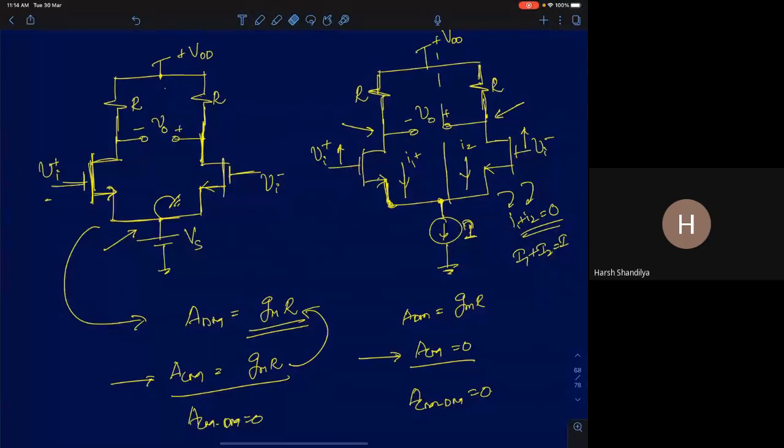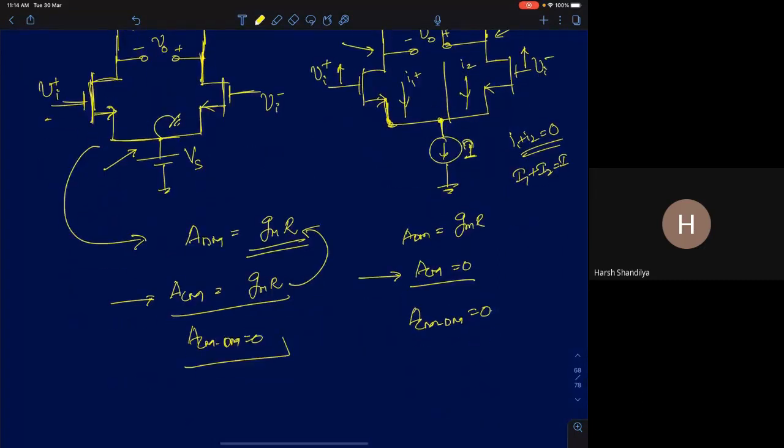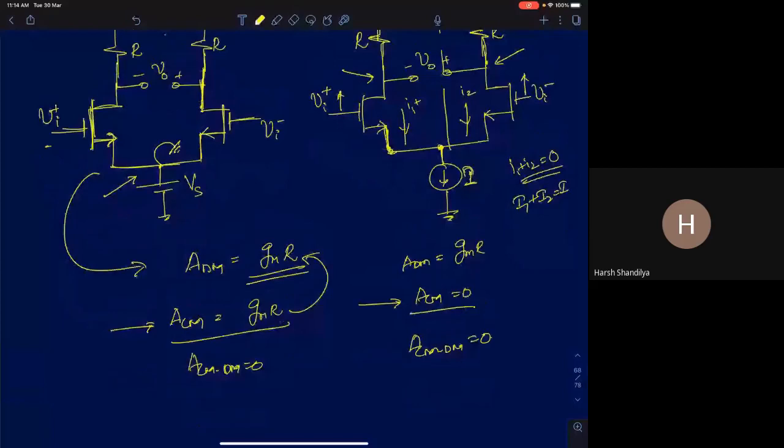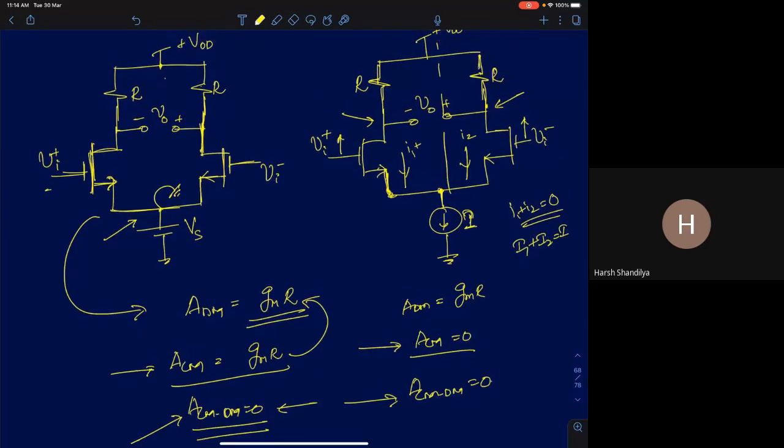And then we also said A_CM-DM, which is nothing but the differential mode gain for common mode inputs, is 0 for both the circuits because the circuits are symmetric. This is a measure of symmetry. As long as the circuits are symmetric, A_CM-DM will be 0 for both the circuits. The difference, however, is in the common mode gain.